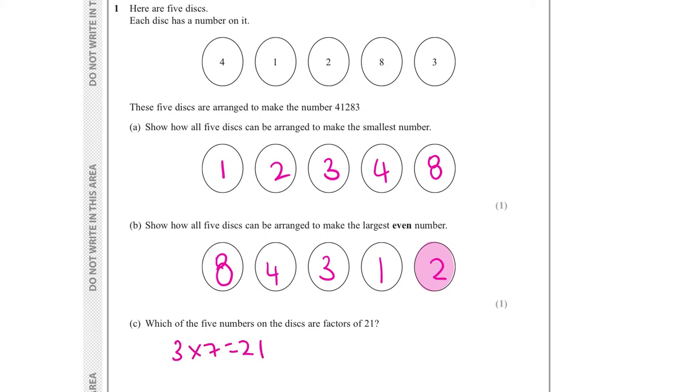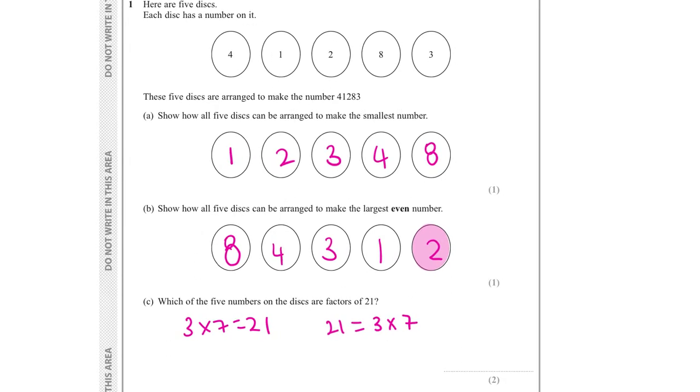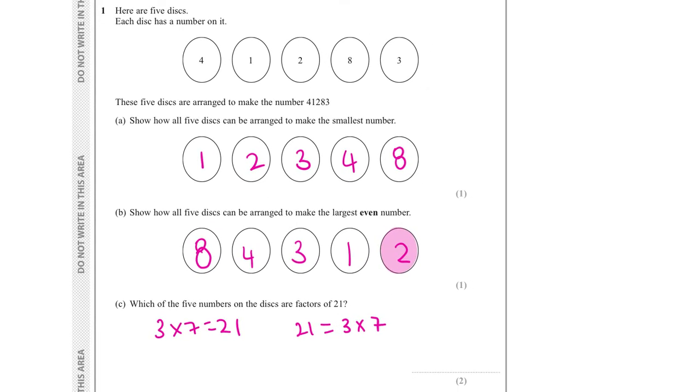So 3 is a factor. 21 can be written as 3 times 7. 4 does not go into 21. 1 does, because 1 and 21 are still factors. So the only factors of 21, okay, are 1 and 3.